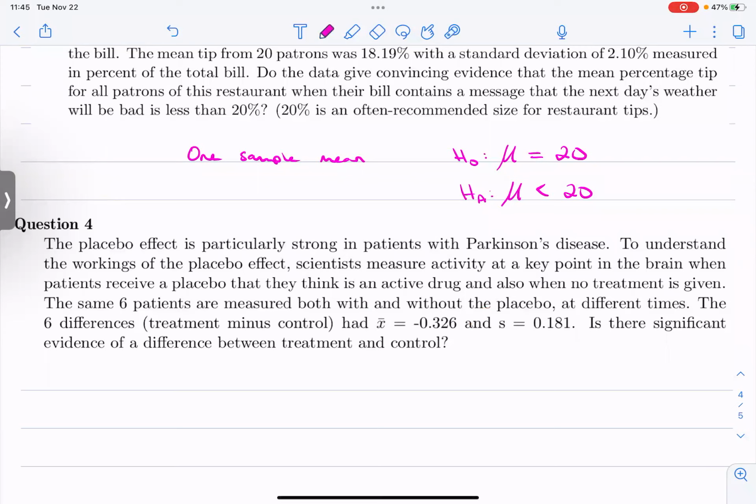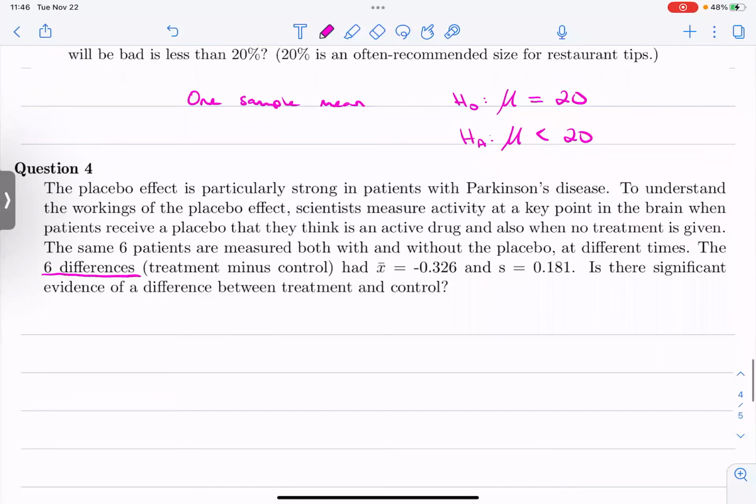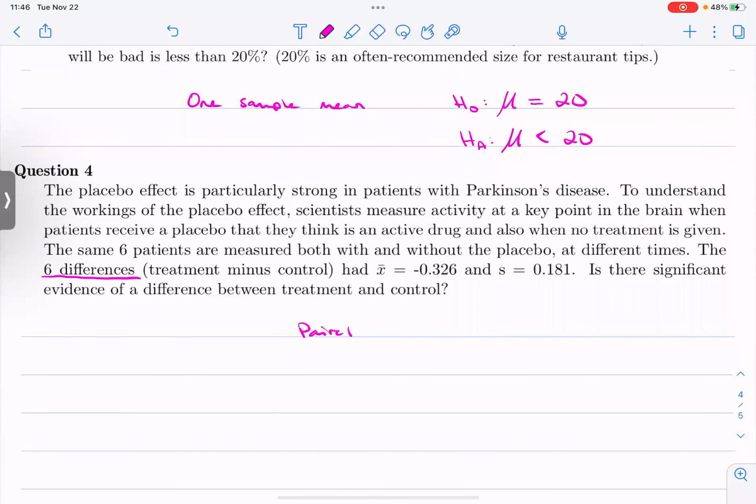The 6 differences, and this really seals the deal here, the treatment minus the control, had a mean and a standard deviation of whatever. Doesn't matter. But this is the mean of the differences and the standard deviation of the differences. Is there significant evidence of a difference between treatment and control? So a difference from 0. So this is going to be paired data.